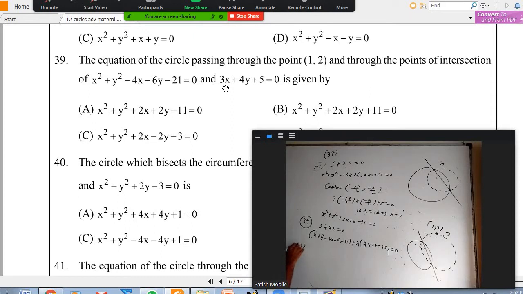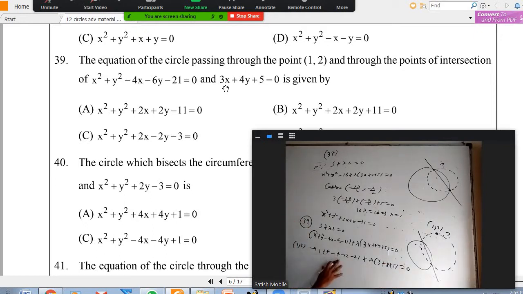Then you put 1 comma 2 here: 1 plus 4 minus 4 minus 12 minus 21 plus lambda into (2 plus 8 plus 5) equal to 0.